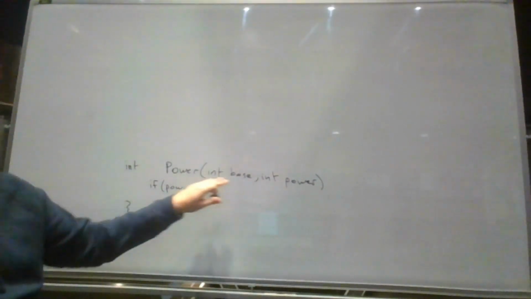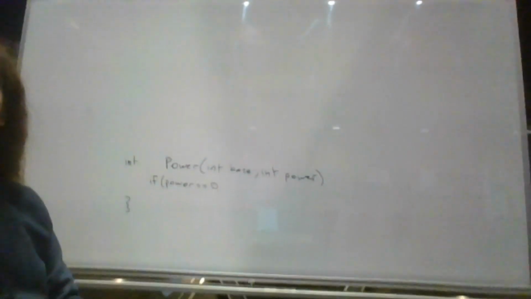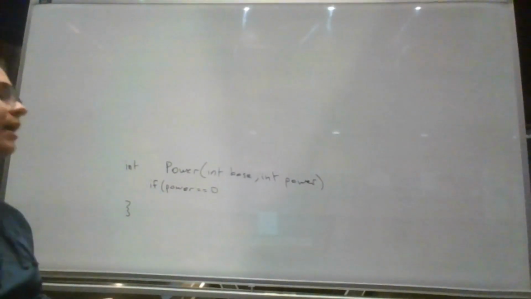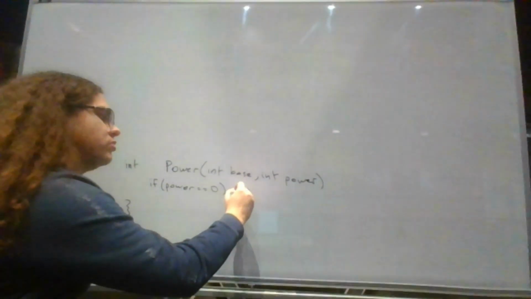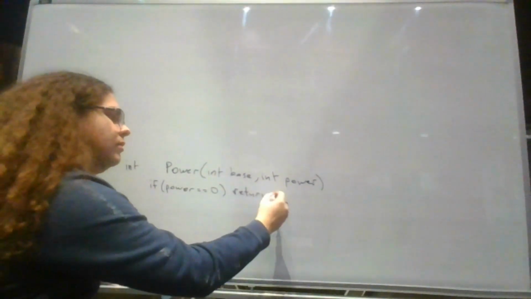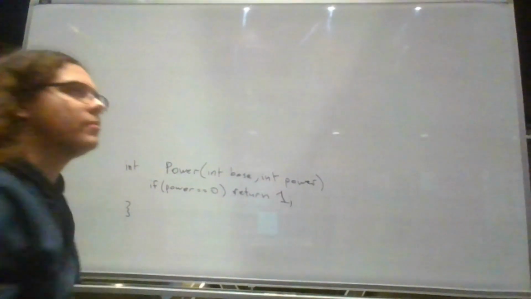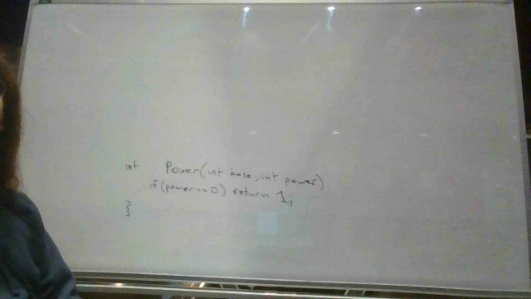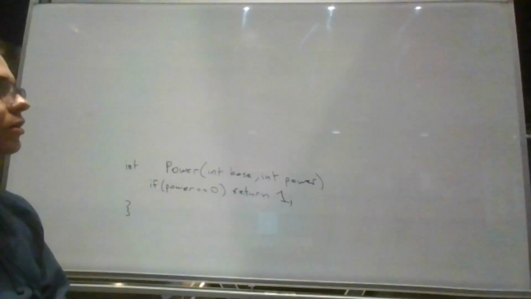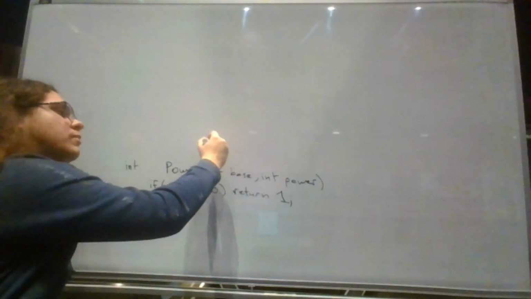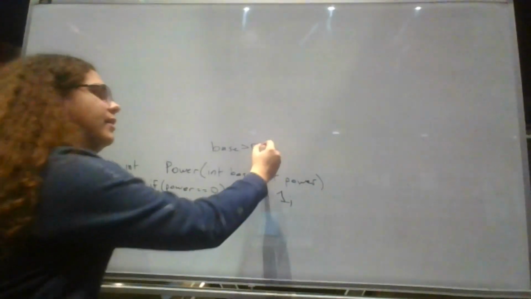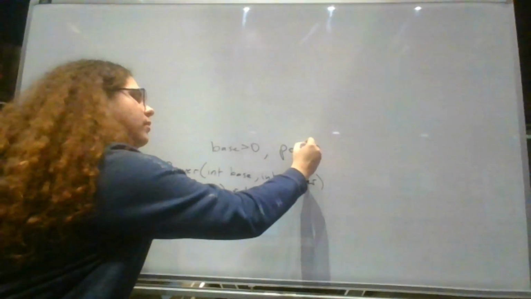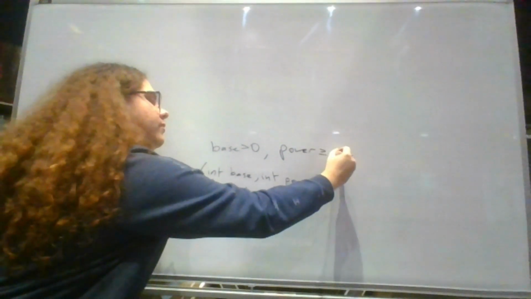I'm going to assume these are all unsigned integers just for the sake of my sanity. So if the power is 0, that's our base case, then we can just return 1. Remember that any number to the 0, unless it's 0, is always going to be 1. I'll be assuming for this that the base is positive and that the power is non-negative.